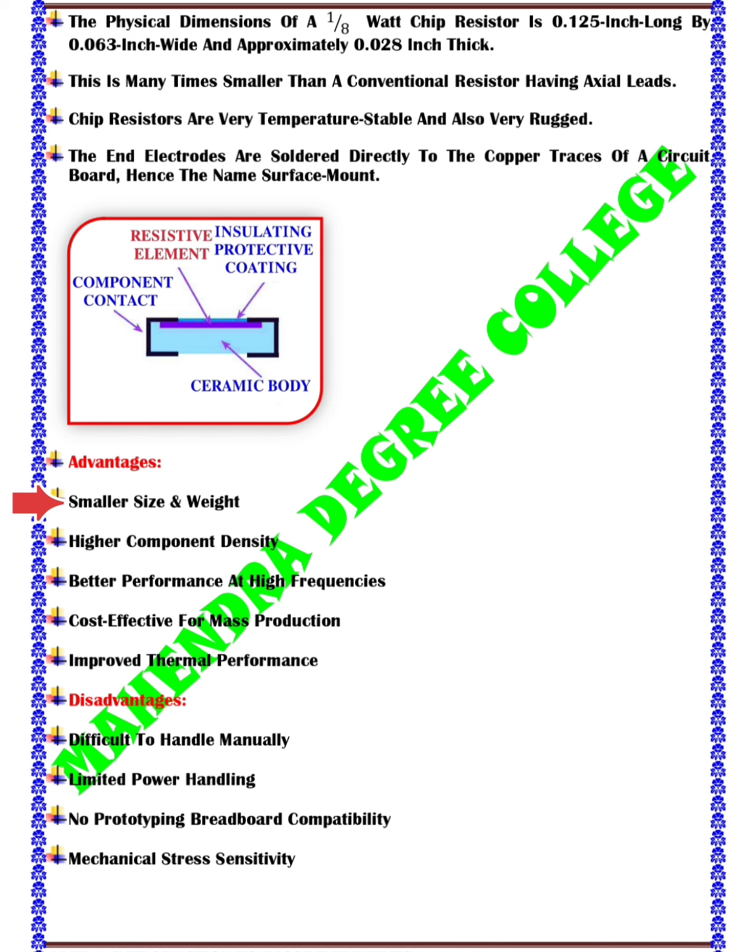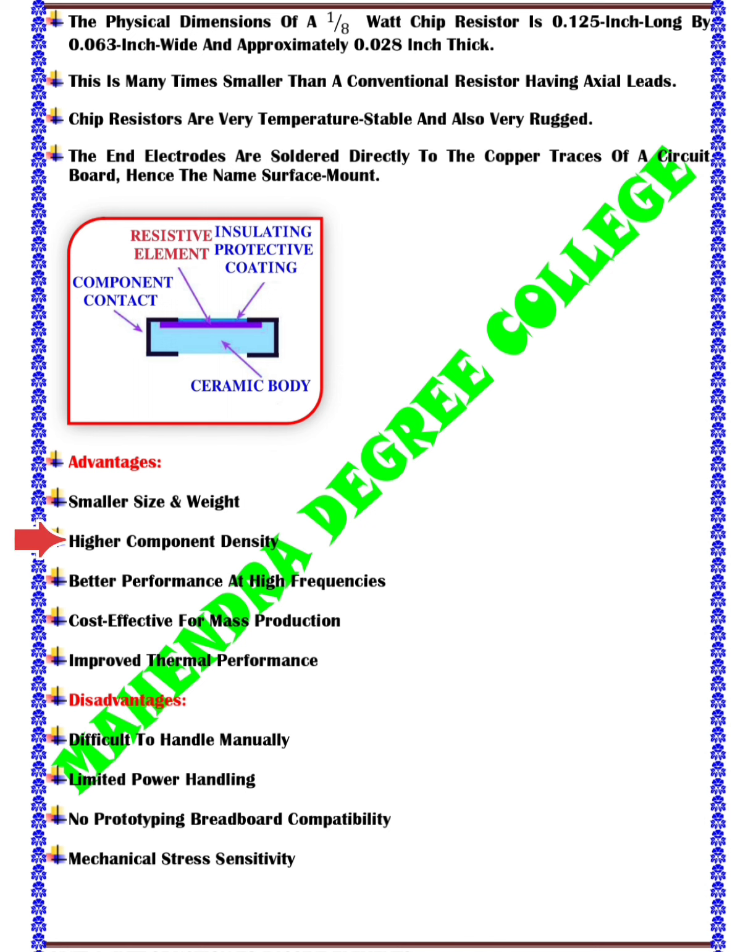First one. Smaller size and weight. It means surface mount resistors are significantly smaller and lighter than their through-hole counterparts, allowing for smaller and lighter electronic devices. Second one. Higher component density.